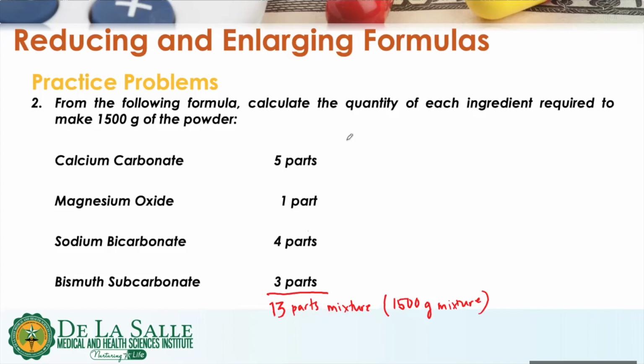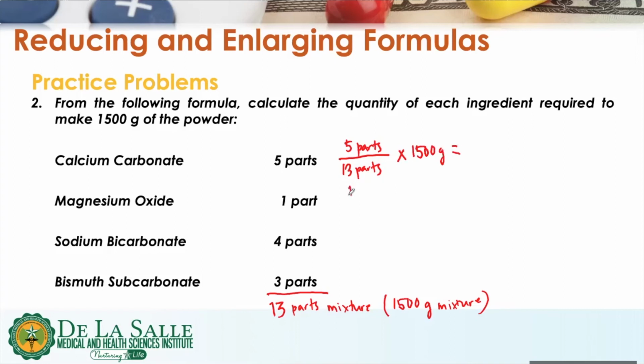For calcium carbonate, we know that it is present as 5 parts. Because the amount of the mixture is 13 parts, we just divide 5 by 13 and multiply this by the amount of the mixture that we want to prepare.